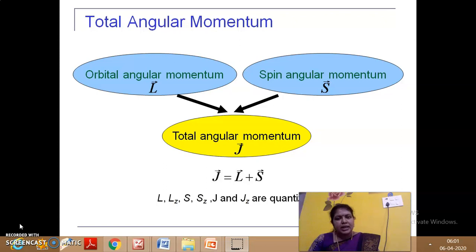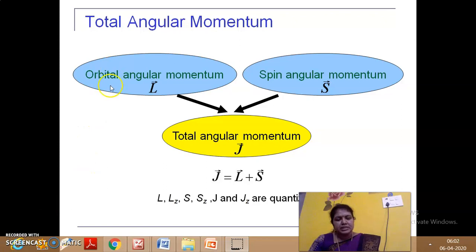When I say total angular momentum of an electron, the electron should be visualized as a spinning charge which not only revolves around the nucleus in specific orbits but also has its own spinning motion.